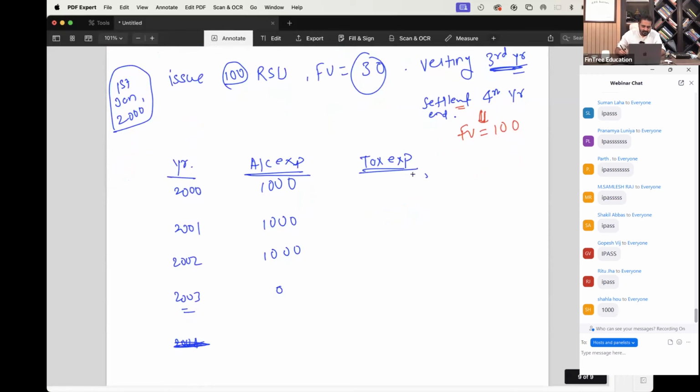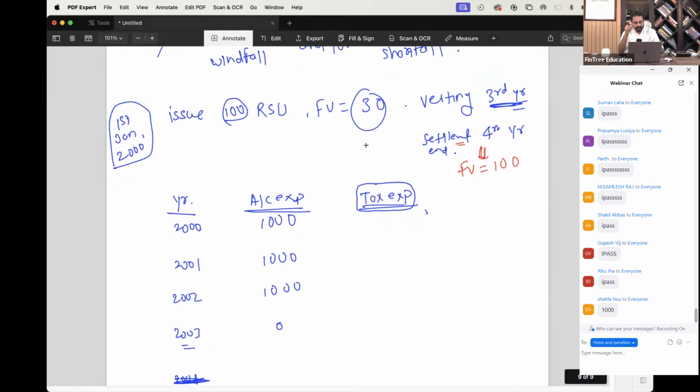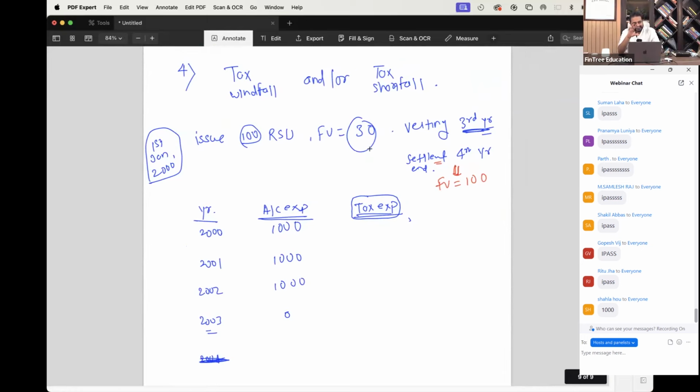Tax expense. What the tax officer will say is, I understand you're creating an accrual accounting system. You gave those shares to the employee because you wanted them to work for 3 years. So you're using accrual logic.